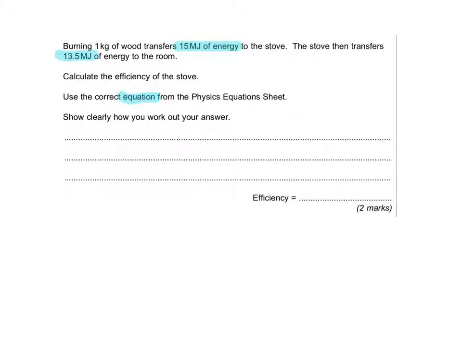So here we would have our useful, which is 13.5, divided by our total, which is 15, and then times by 100 to give us an efficiency percentage. So you should find that this is 90% efficient.